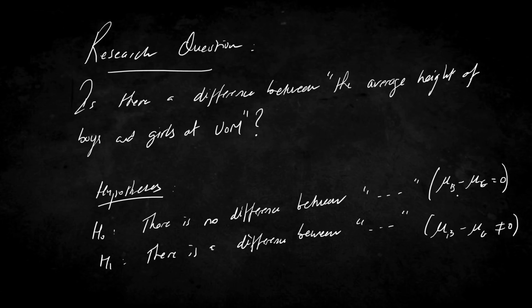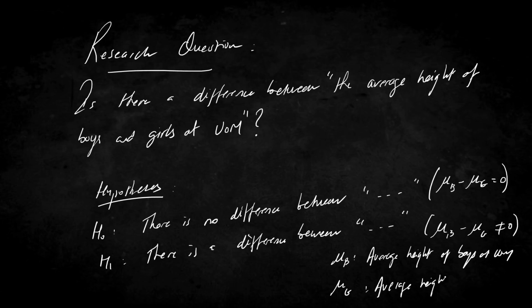Average height is represented by mu, where mu b represents average height of boys at UM, and mu g represents average height of girls at UM.